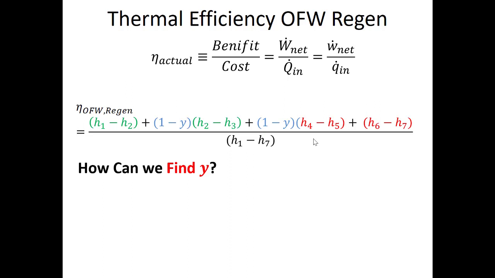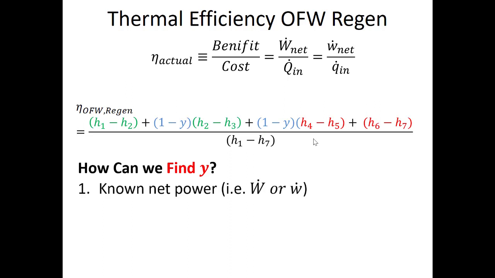So my general heuristic for when I'm trying to find this diverted mass flow rate: anytime I'm trying to find a mass flow rate, I look for, do I know the net power or the net heat in? Or is there some component which has more than one inlet and more than one outlet?